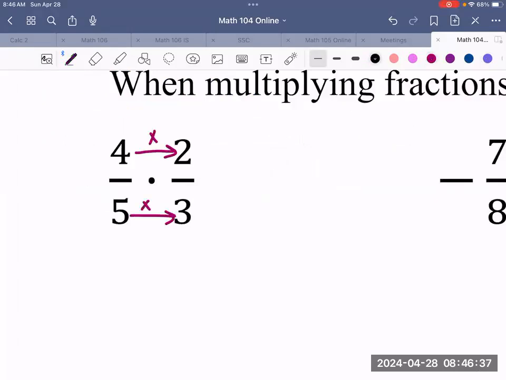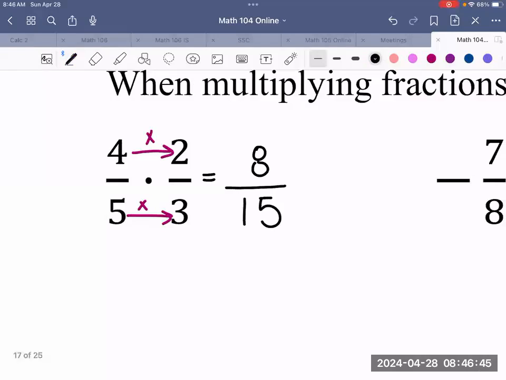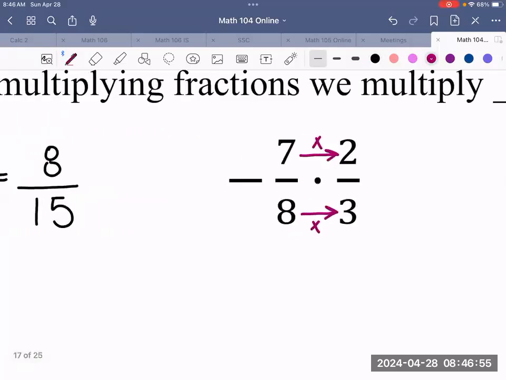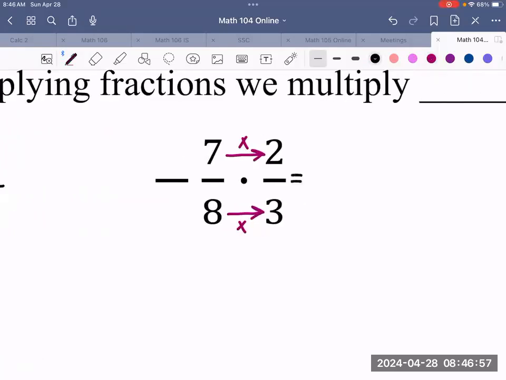So 2 times 4 is 8. 5 times 3 is 15. So multiplying straight across, no sweat. Since something like this, again, we can multiply straight across. So we have negative 14 over 24.